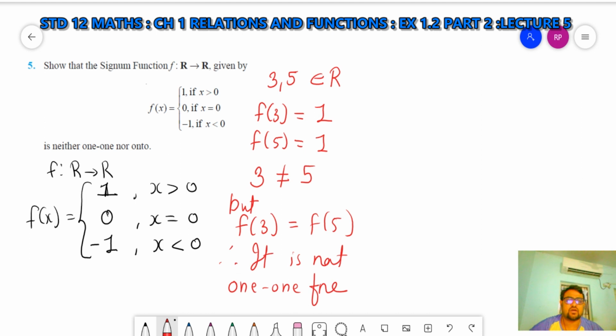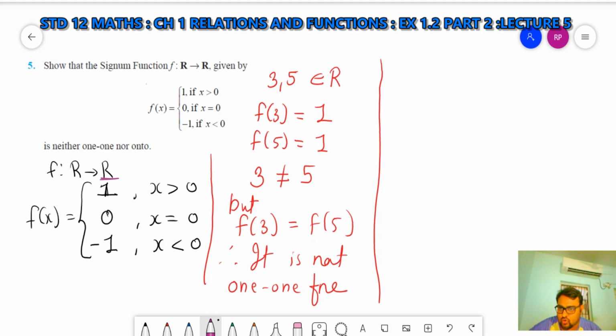Here, this was about one-one function. Okay. Now, let's see about onto. Now, see what is the codomain? Codomain is R. Means it includes all the integers, positive integers, negative integers, zero, right? Also decimal values, every number. But here we are having only three things.